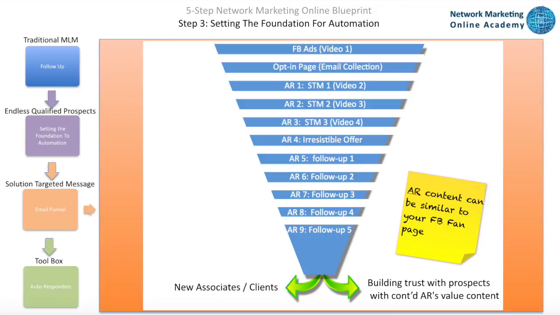So the purpose of the very first autoresponder is a seamless summary of either the information on your Facebook ad or on your opt-in page. It's maybe just 1 or 2 small paragraphs, and the key information is a hyperlink that will allow your prospect, when they click on it, to go to part 1 of the video for your opportunity.